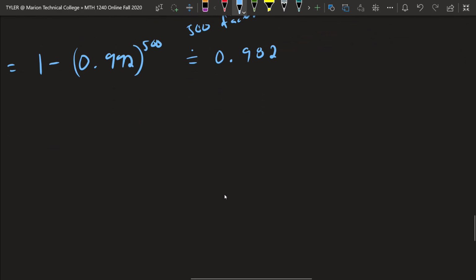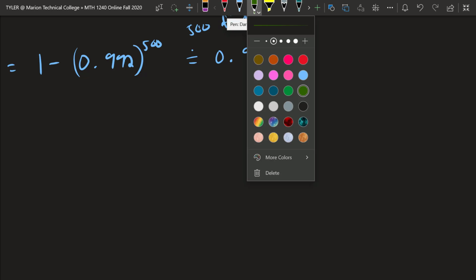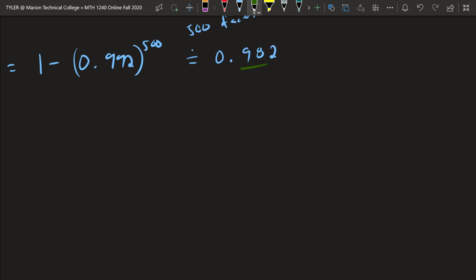So if we put this in words, I'm going to think about this number in terms of 100. If I just focus on the first two decimal spots, 0.98 is equal to 98 over 100.